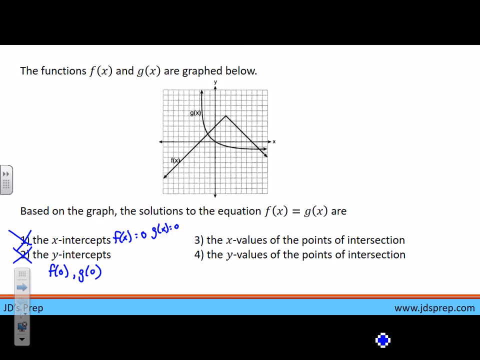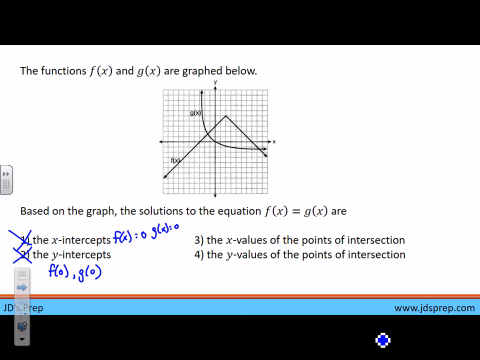So that leaves us with the two coordinates for the points of intersection. And anytime you set two functions equal to one another, you're always looking at where their graphs are going to intersect, because you want both their x coordinates and their y coordinates to be the same. Right?